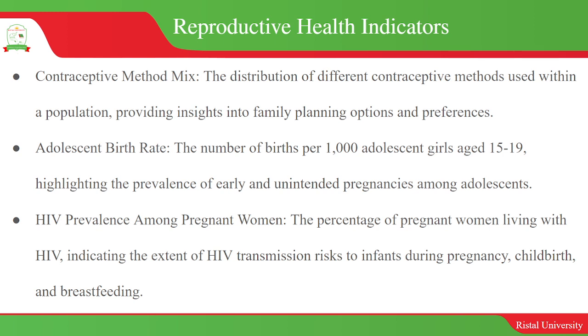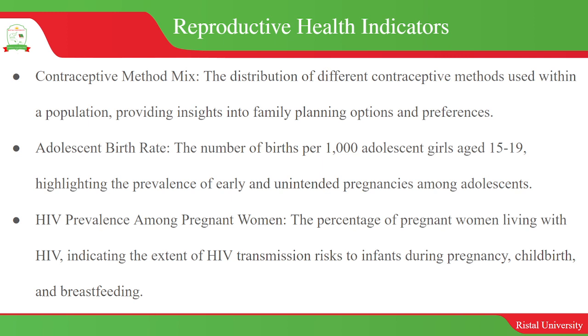If you have very few family planning options, then it means that there are women that are having what we call the unmet need for family planning, because there are those methods that are contraindicated for specific women. So the more you have a variety of contraceptive methods, the better.